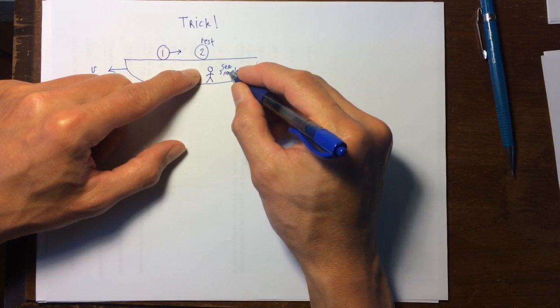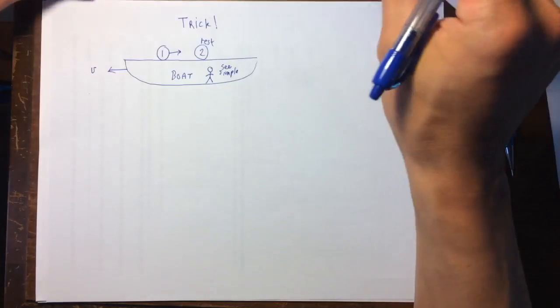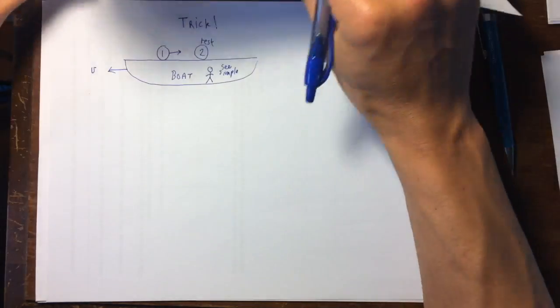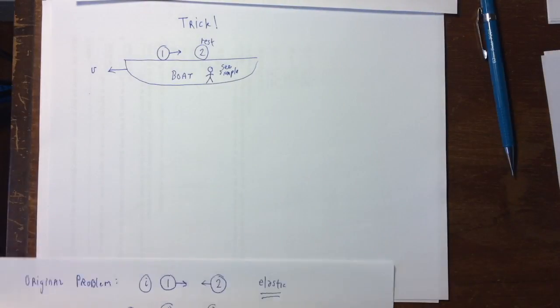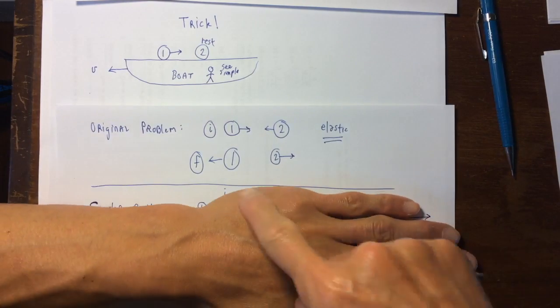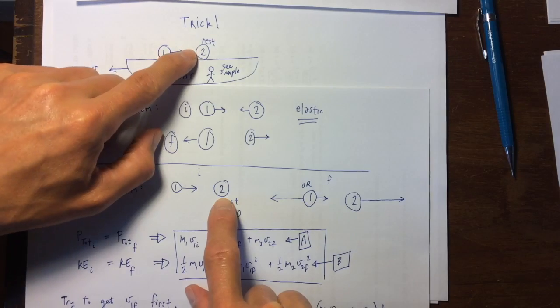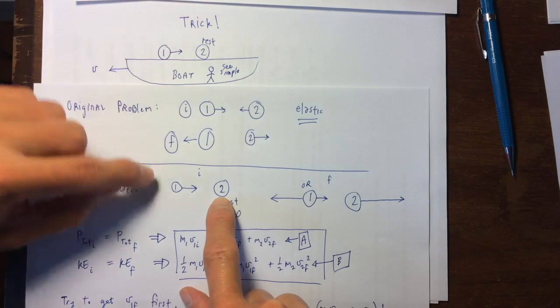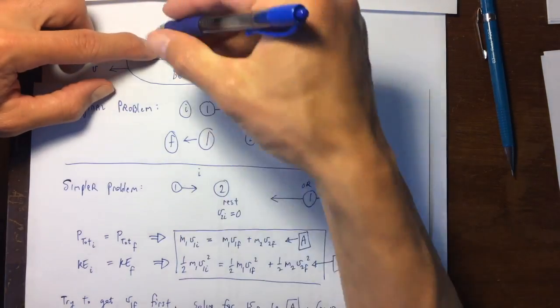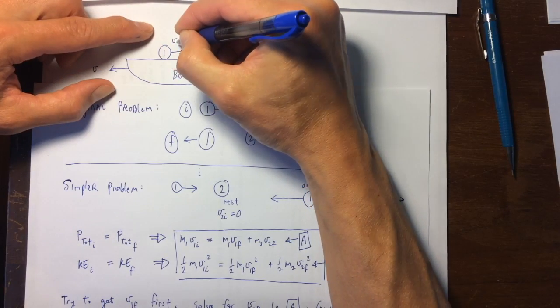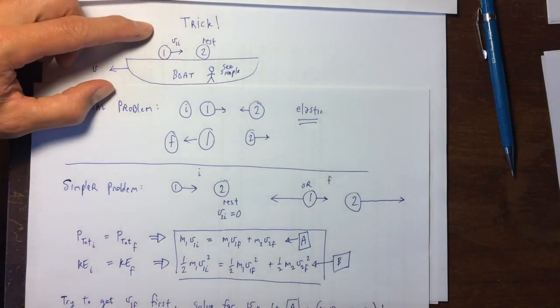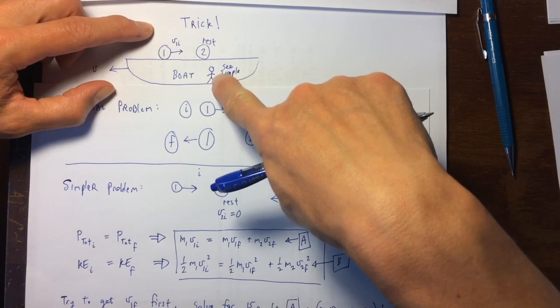the simple case that we just solved. The simple case is this thing here, where object 2 is at rest, object 1 comes in with some speed that we'll call v1 initial, right? This is according to this person here.